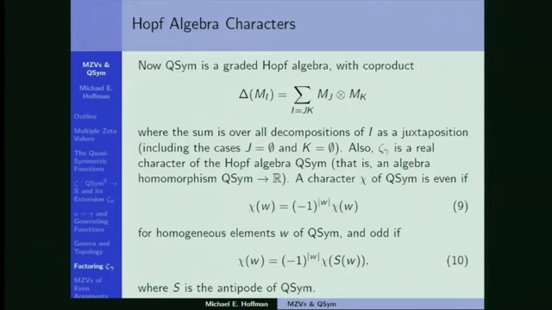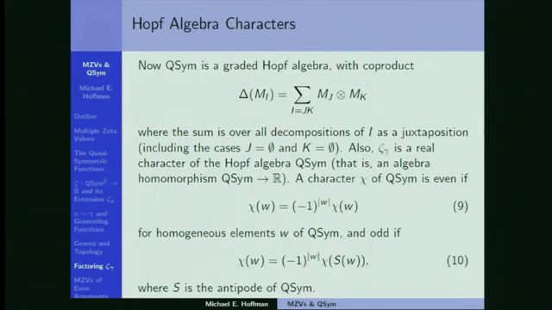Now, there's a theory of real characters of Hopf algebras. And as it happens, my extended zeta function here is a real character. That really just amounts to an algebra homomorphism.